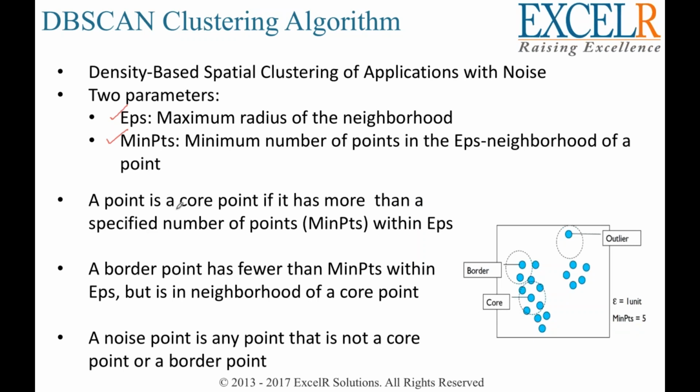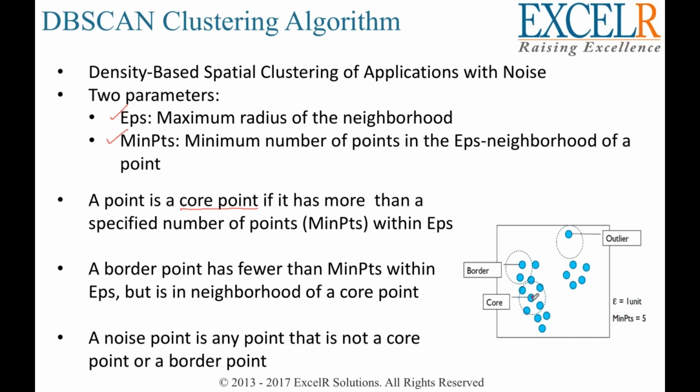Here we need to classify all the available data points, or think of these data points as records, all the rows of a data set. And then you're trying to cluster those rows. When you try to cluster those rows, you can put them in two-dimensional space and view them. Any point is called a core point if it has more than a specified number of points within EPS.